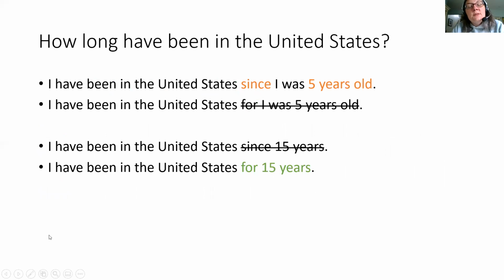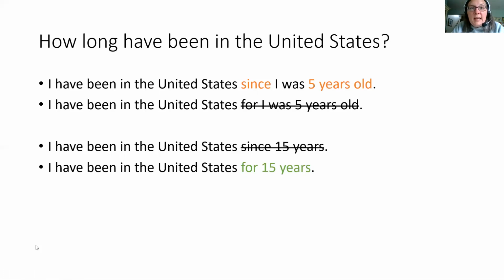All right. So taking a look back at our original question, we look at that second set of answers. I have been in the United States. Now, if we're talking about 15 years, which one do we need? Since or for? We need for because 15 years is a length of time. That's not a specific time. We're not talking about starting at a specific time in the past.